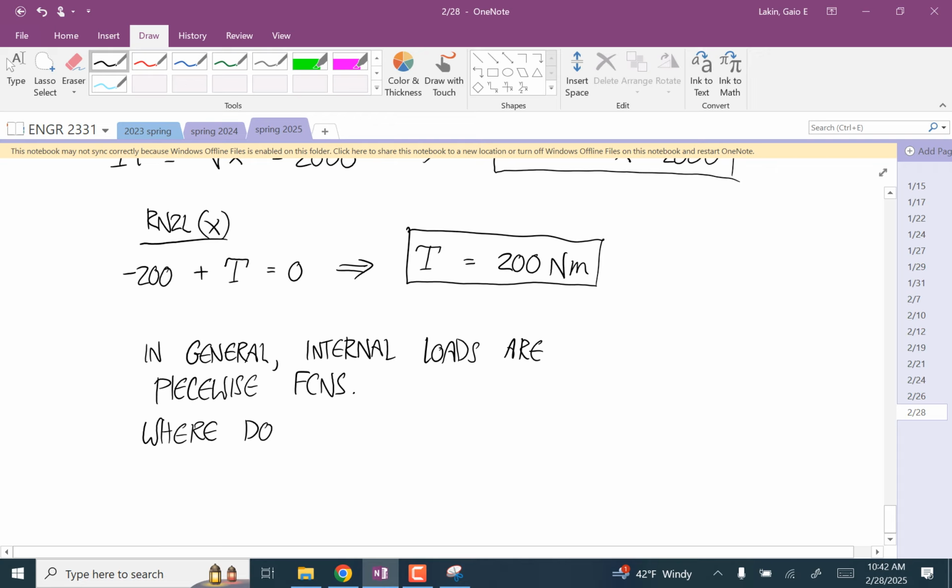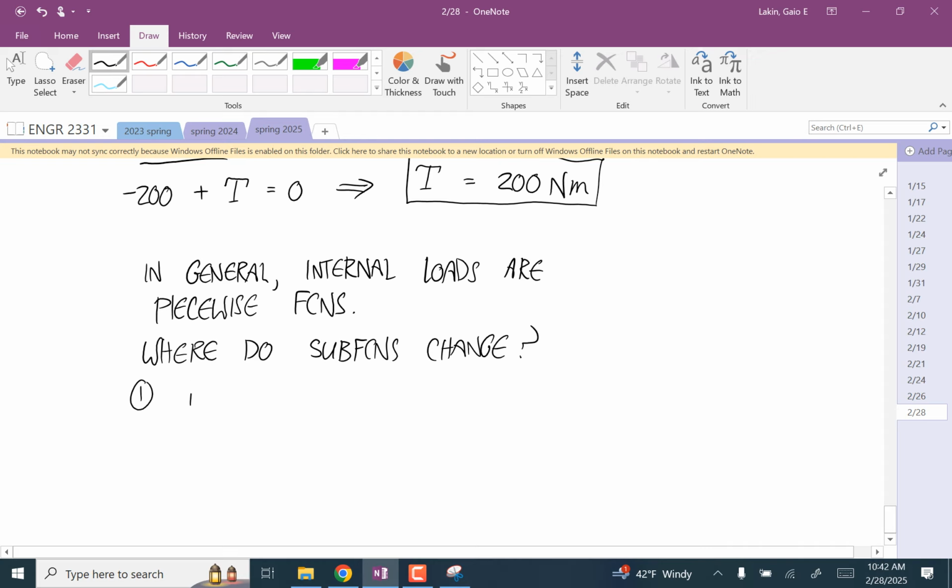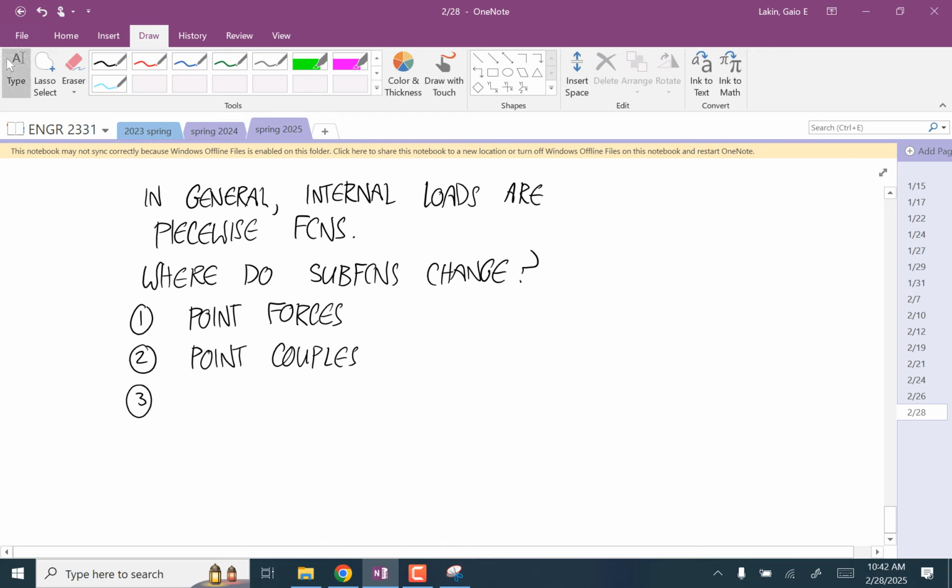That's where you have to change cuts. They change at point forces, point couples, and places where the distributed load function changes.